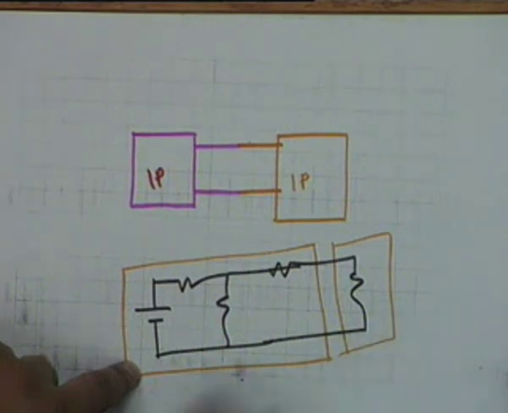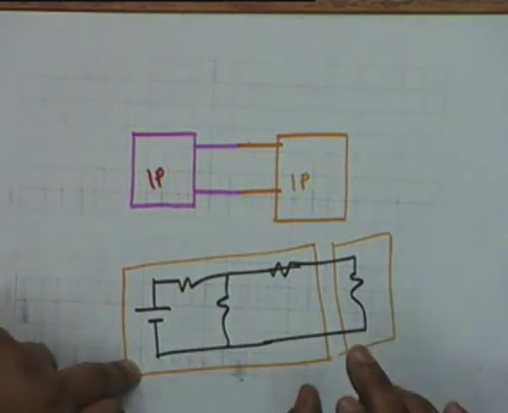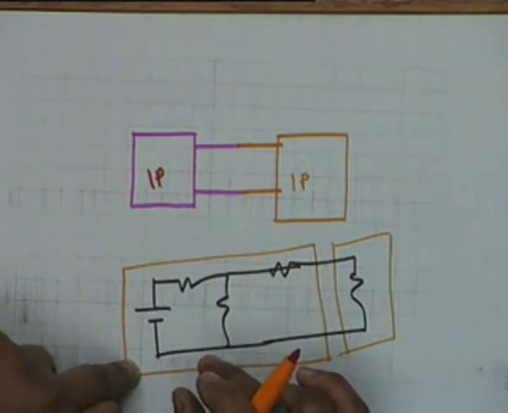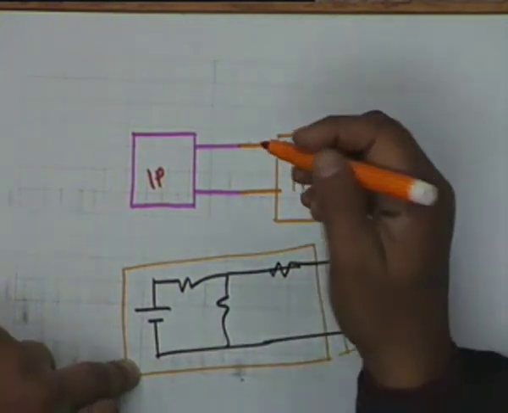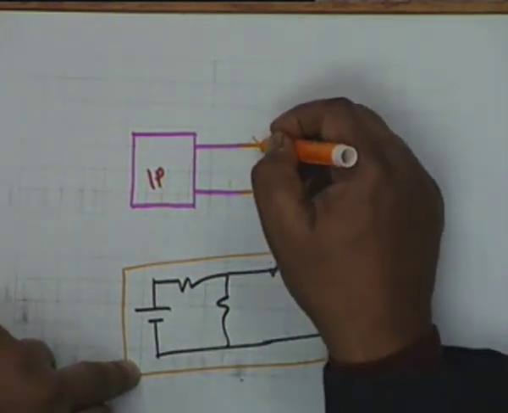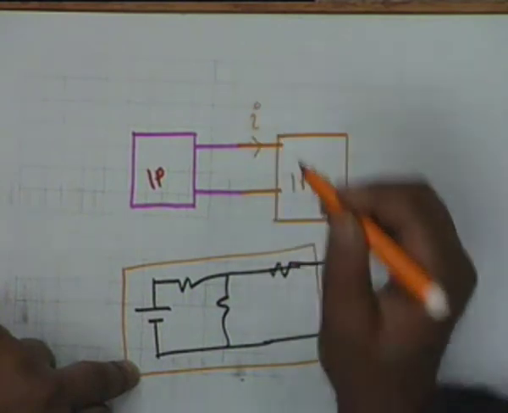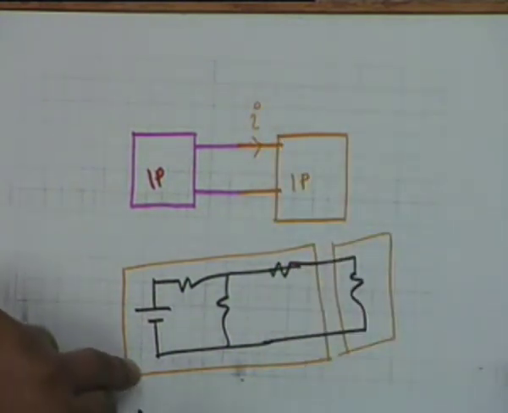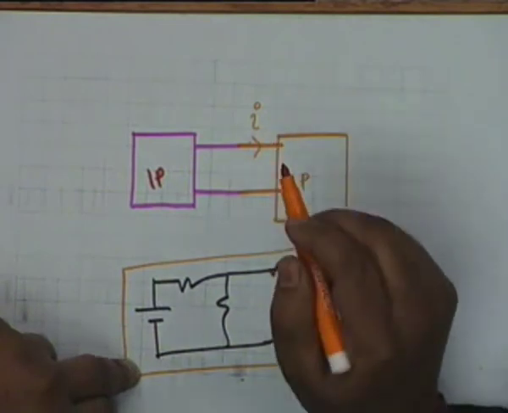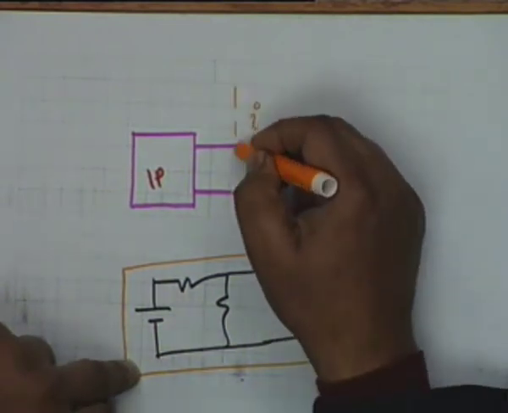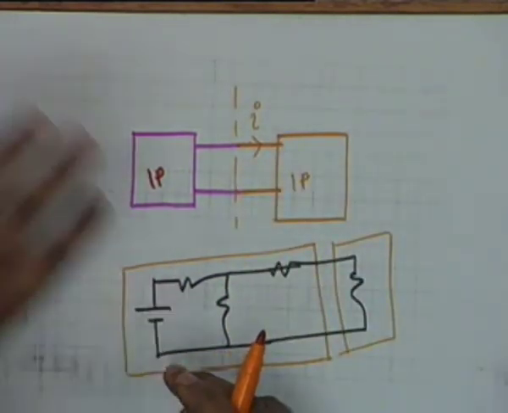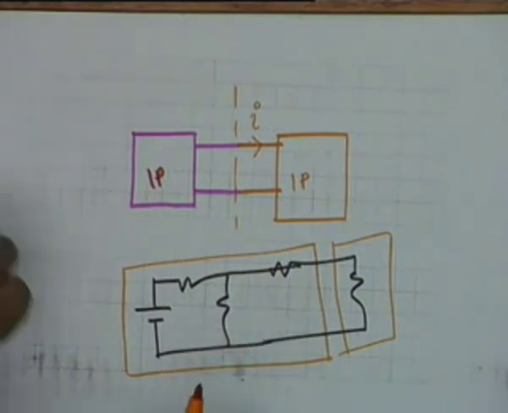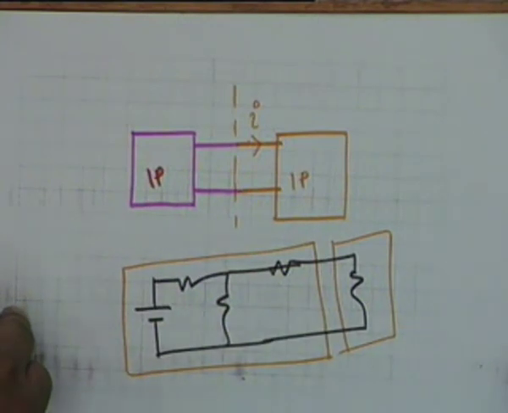Alright. Now whatever be the composition of the 2 one ports, it turns out that in so far as this current is concerned, let us say I, the one port to the left can be replaced by an equivalent circuit.